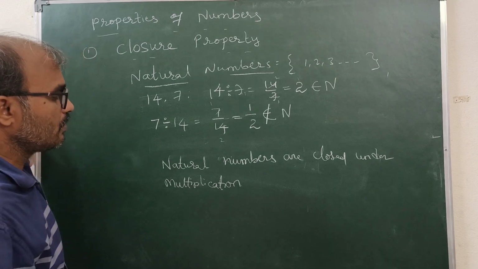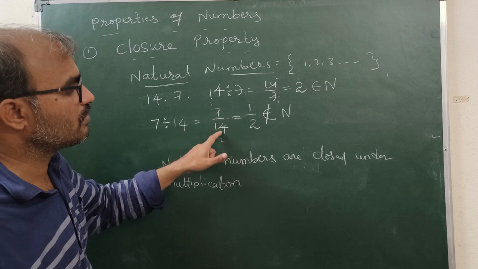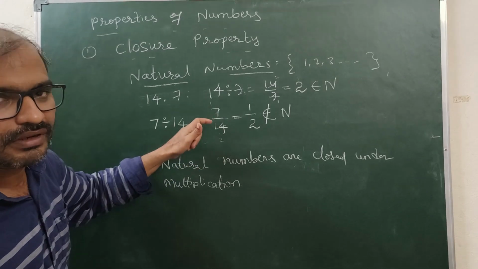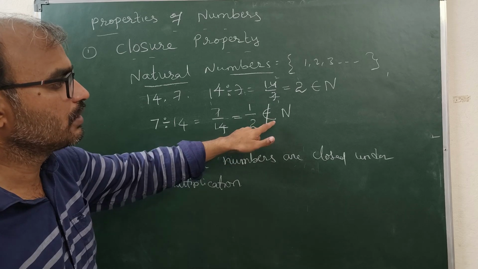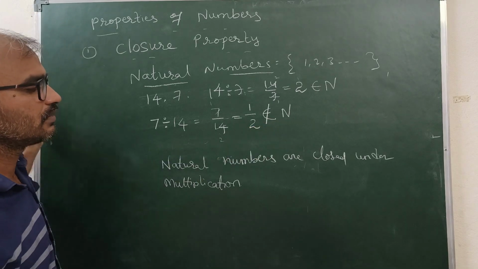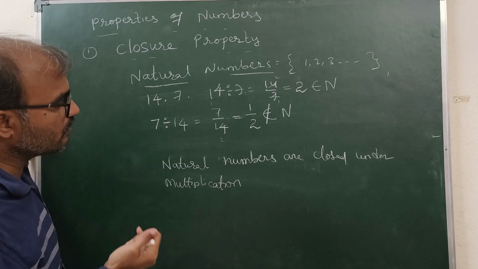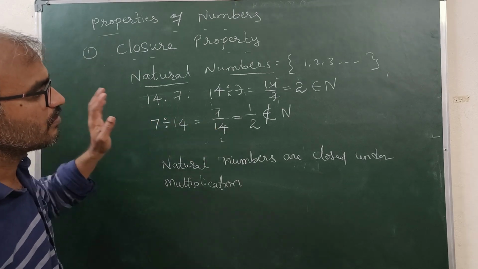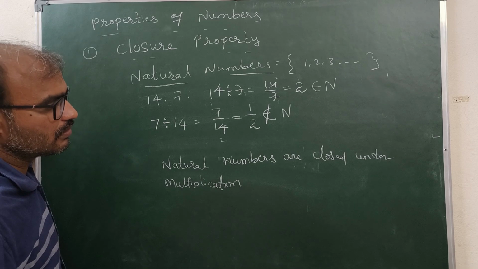So 7 and 14 belong to natural numbers, but 7 by 14, the quotient of them when you divide them, may not be in the set of natural numbers.